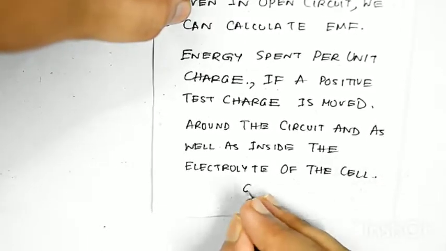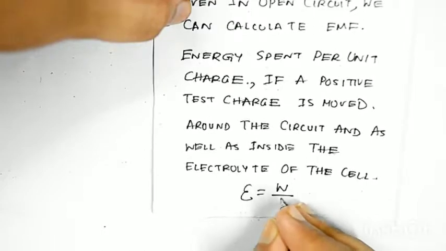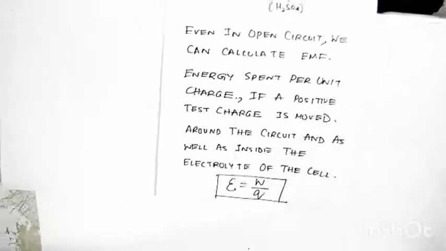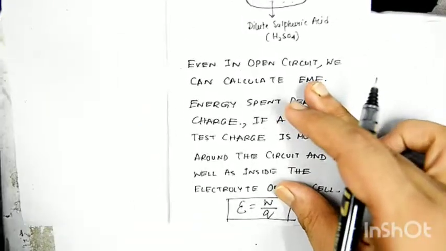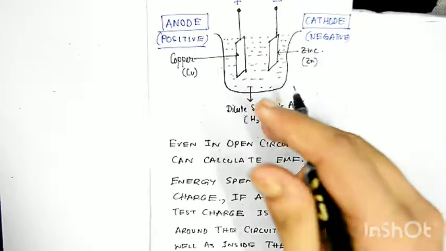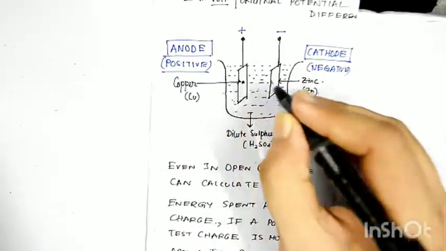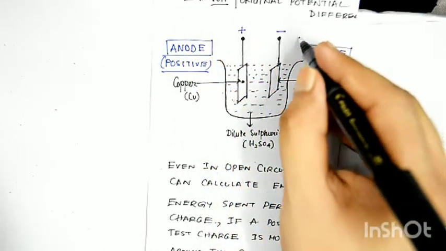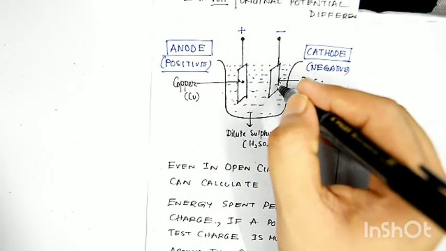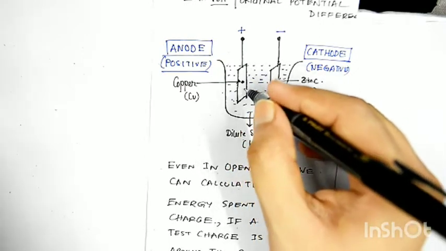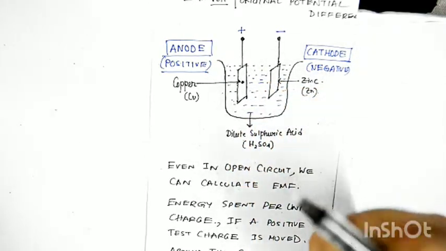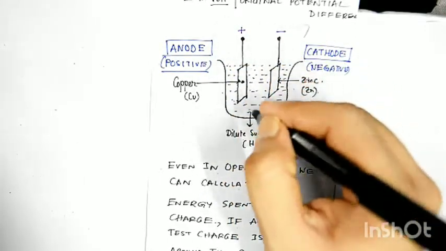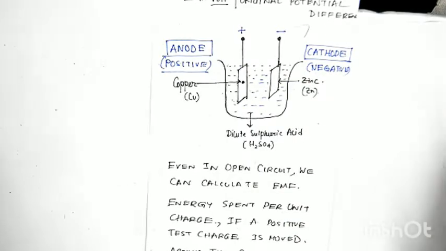So it is represented by epsilon equals work done per unit charge. That's quite a long definition to remember. Basically, if I take a charge from here and it is moved through all the electrolytes, and through any circuit present, and returns to here, then the total work done to move this charge through the circuit plus through the electrolyte is called EMF.